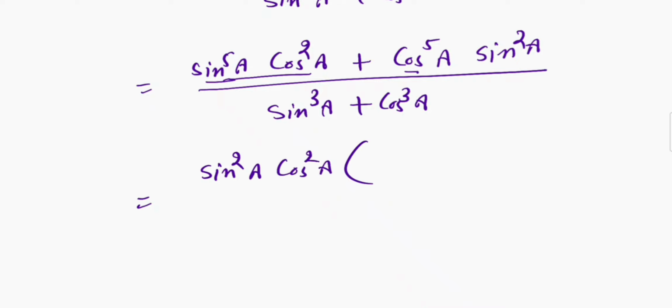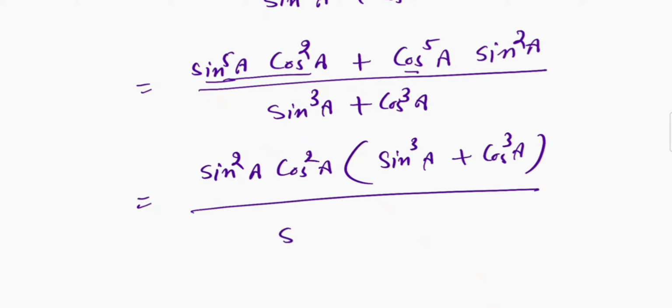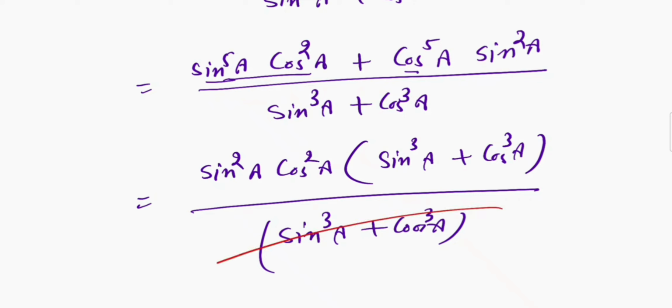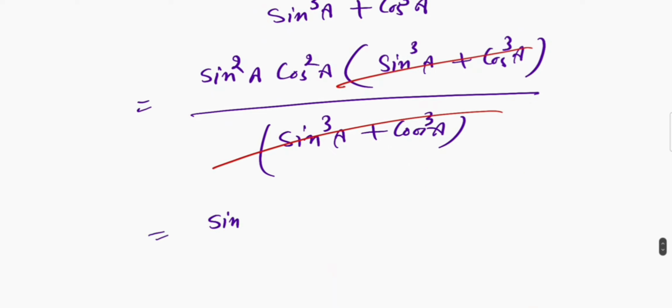So inside I will be left with sin raised to power 3A plus cos raised to power 3A divided by sin raised to power 3A plus cos raised to power 3A. So here also I'll cancel these two. So I will be left with sin square A and cos square A.